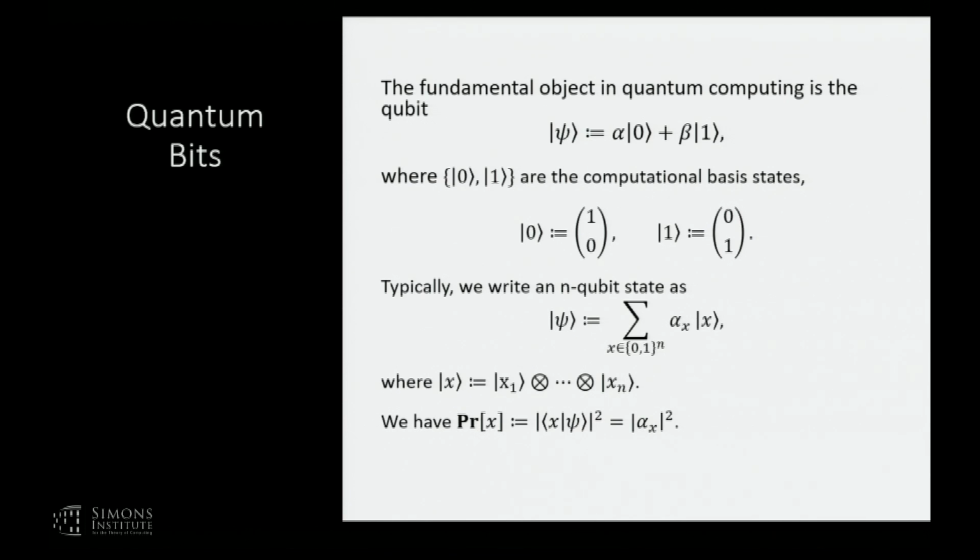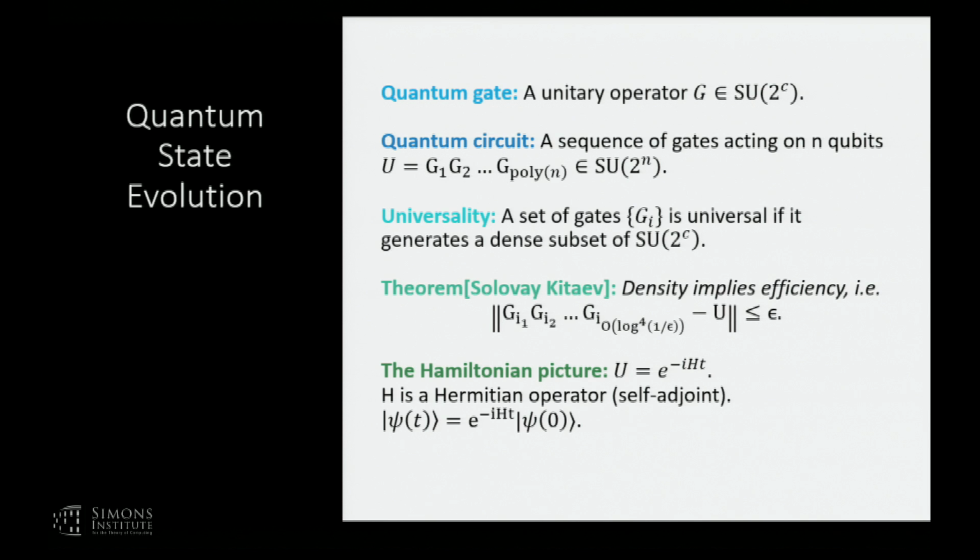Okay, so how do quantum states evolve? They evolve via some unitary operations, which we call gates. Each acts on some small number of qubits: there's a gate in SU(2^c), for some small constant c, generally 1 or 2. A quantum circuit is just a sequence of these gates acting on n qubits.